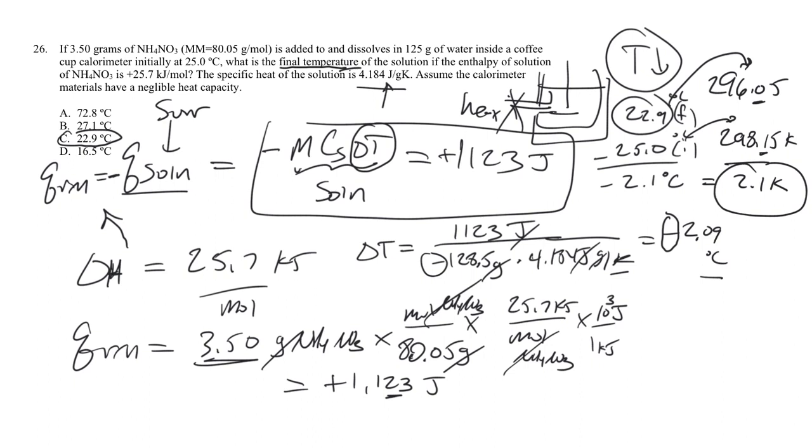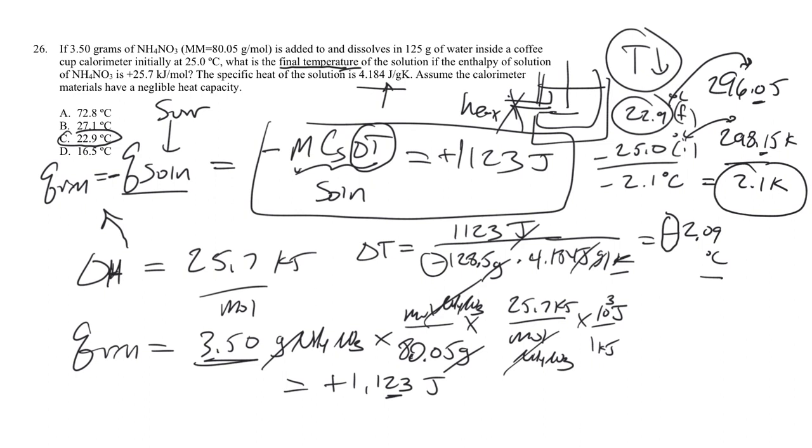So I have to be a little careful here. A little careful to recognize when I get my delta T was 2.1 Kelvin, it's 2.1 degrees C. So my temperature drops by 2.1 degrees C to 22.9 degrees C. I've occasionally seen students change this to Kelvin or degree C or whatever. Take 2.1 Kelvin, convert it to degree C, which would be like negative, whatever that would be, 271 Kelvin.